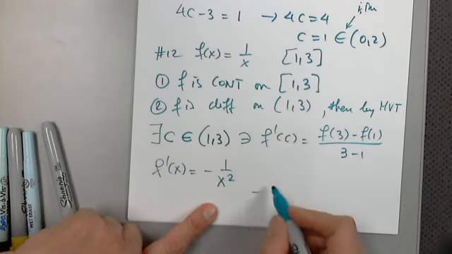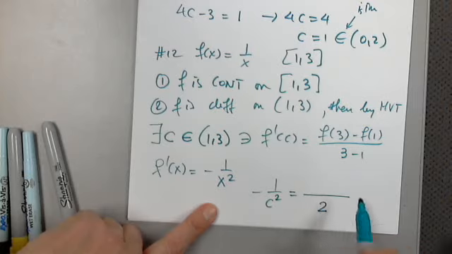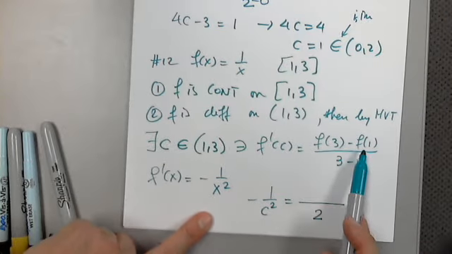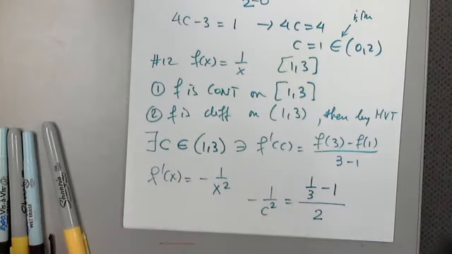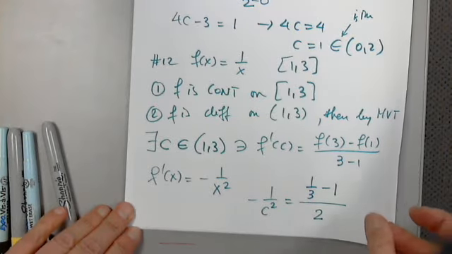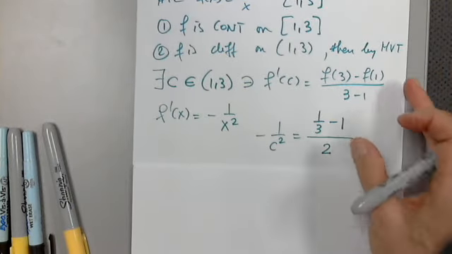The left-hand side is negative 1 over c squared. The right-hand side has 2 in the denominator, and I have to plug in 3 and 1, so it's 1/3 minus 1. Any questions so far? So we'll simplify. We find the least common denominator.